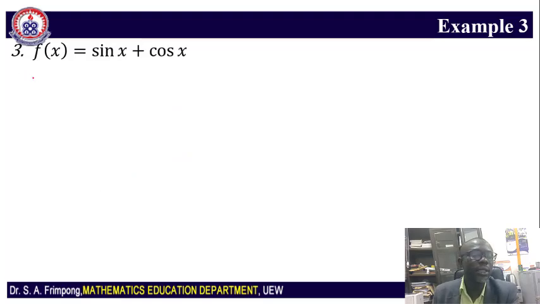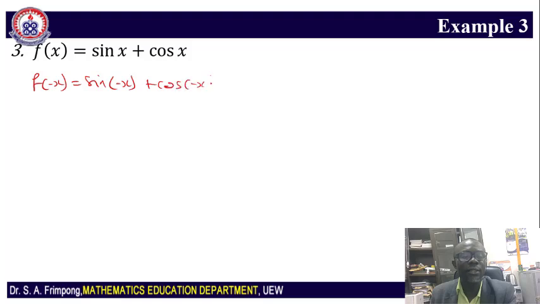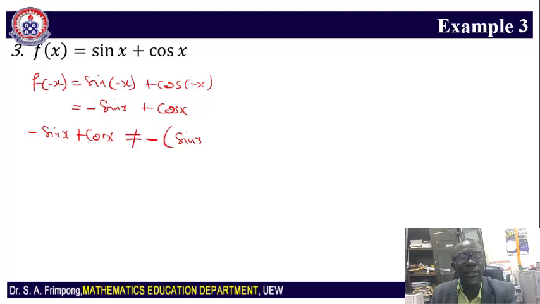Let's go here and check the second one. You compute f of negative x, and that will be sine of negative x plus cosine of negative x. As usual, we know that this is negative sine x, but cosine is still positive cos x. And we realize that negative sine x plus cos x is never equal to the negative of the whole sine x plus cos x, because if you open the negative sign, it will be negative cos x, which is not the same.